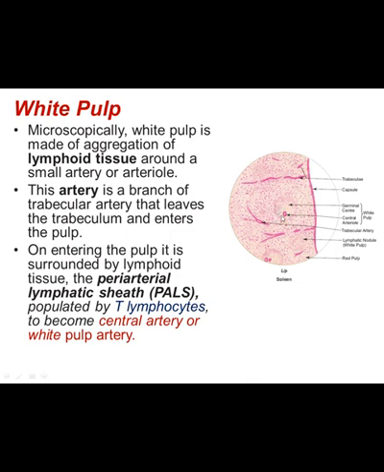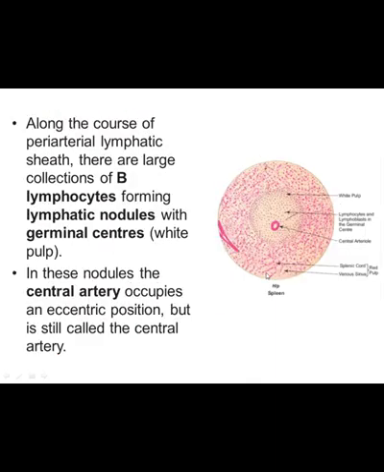Here we call it the periarterial lymphatic sheath, which has T lymphocytes. And this artery becomes the central artery or white pulp artery. When it is surrounded by the periarterial lymphatic sheath, this artery is called the central artery or white pulp artery. Here we can see the central artery.